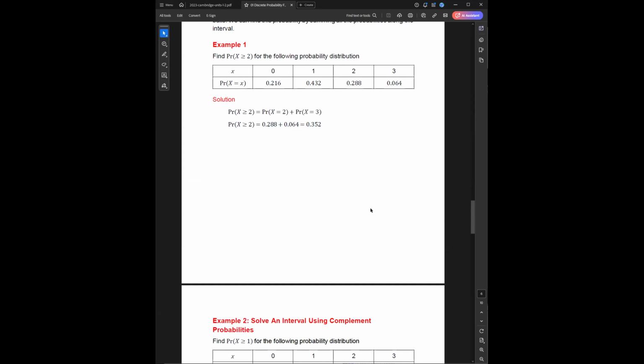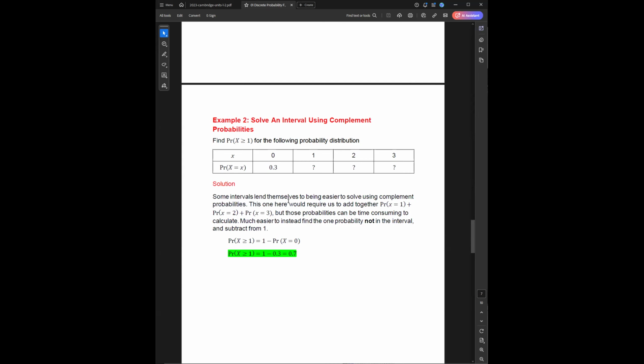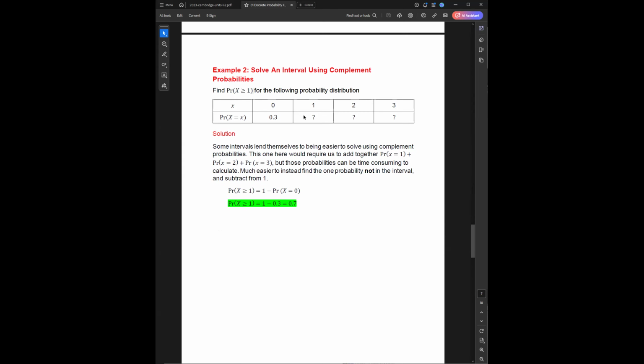Yeah, so you just add those 2 numbers together, and that's your outcome. That's not the only way that you can solve those. If you have probability x greater than or equal to 1, for example, let's suppose we didn't know what these other outcomes were, right? These are unknown. We know together that they equal 0.7 because everything in this table has to add up to 1.